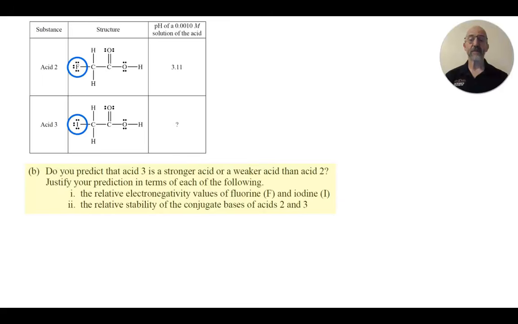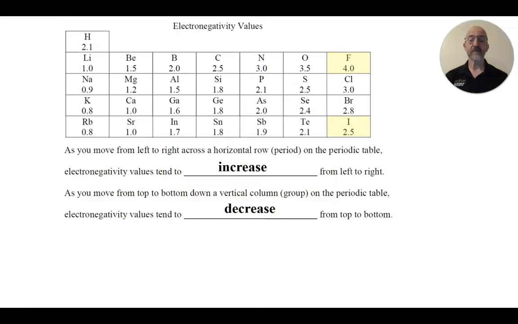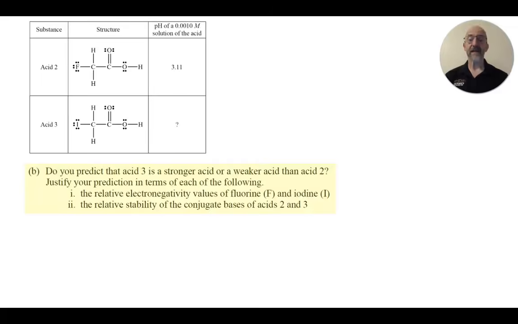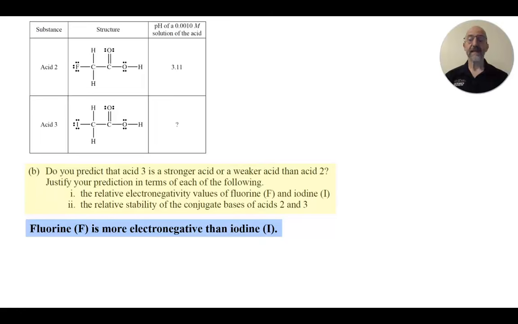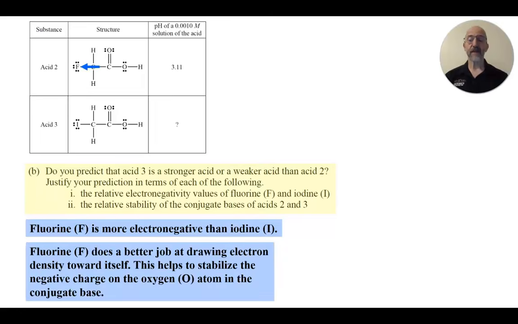So which atom, fluorine or iodine, is more electronegative? Remember that electronegativity tends to decrease from top to bottom down a group, so we can see that fluorine is more electronegative than iodine. And since fluorine is more electronegative than iodine, that means that the fluorine does a better job at drawing electron density toward itself.